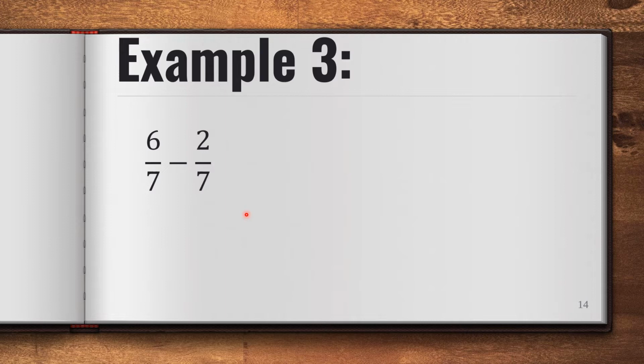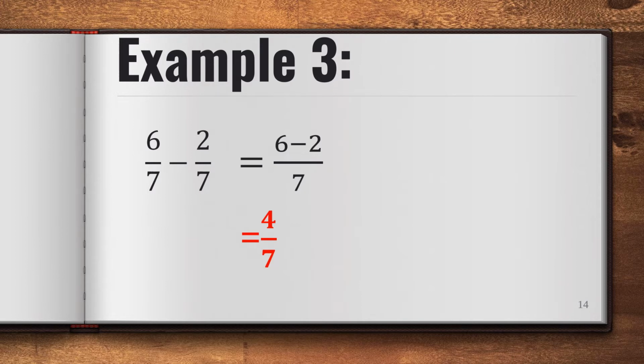This time, instead of adding the numerators, we will subtract them. So we will have 6 minus 2 all over 7, copying the denominator. Then let us subtract it. What do you think is the answer? Correct. The answer is 4 over 7. Isn't it easy? That is as easy as 1, 2, and 3.